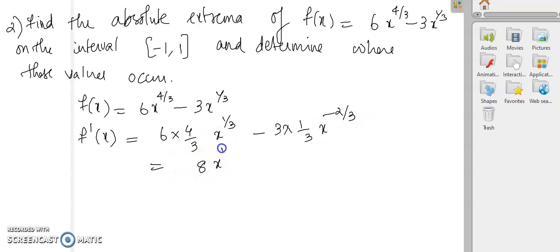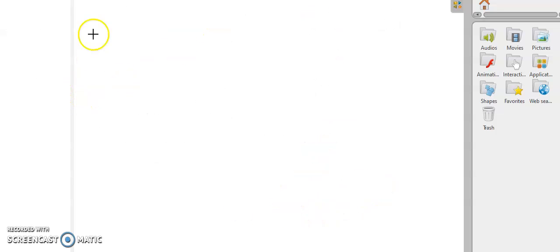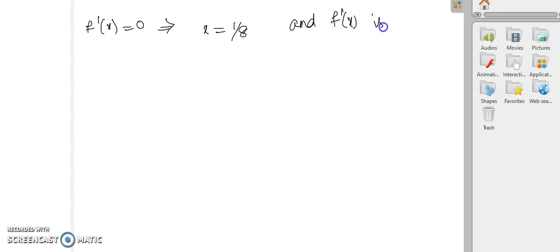So that is 8x^(1/3) − 1/x^(2/3), which is (8x − 1)/x^(2/3). Now f′(x) = 0 implies x = 1/8, and f′(x) is not defined at x = 0, since the denominator is 0.